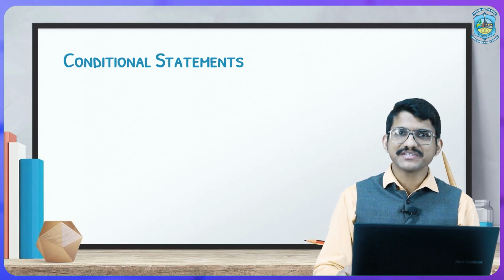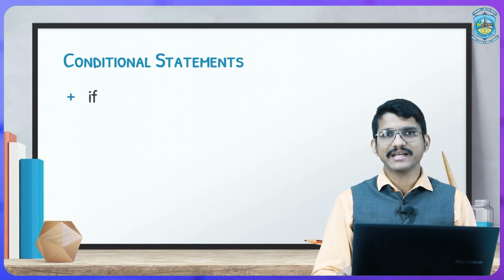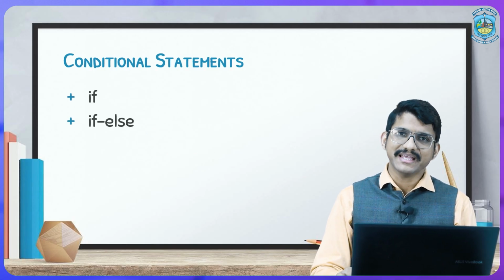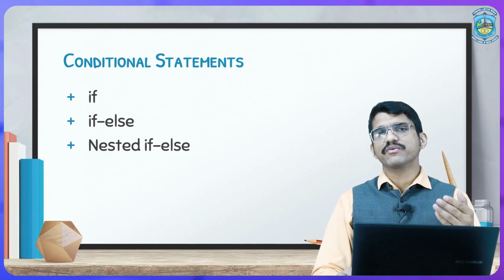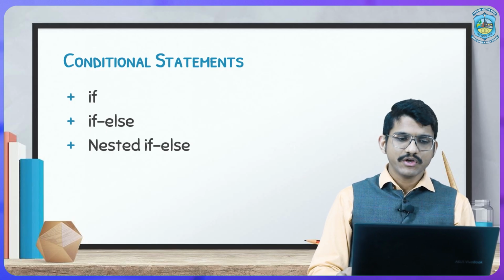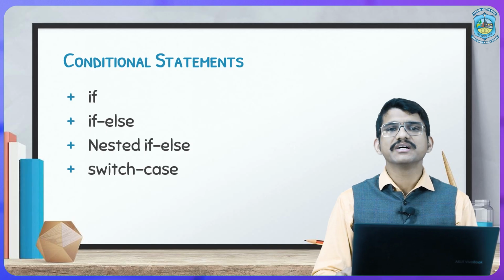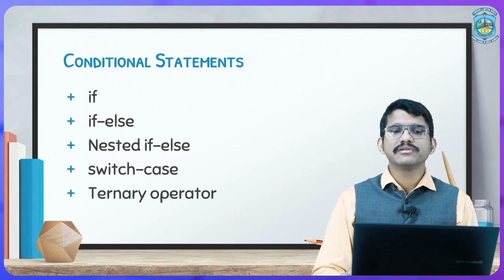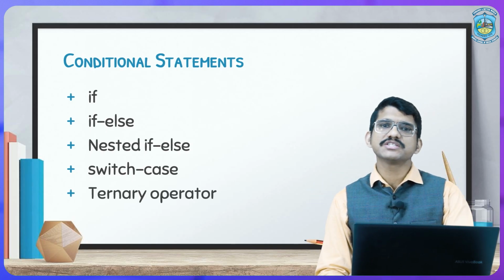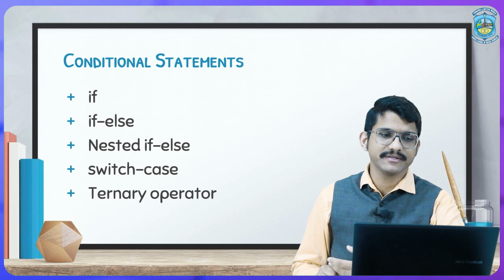So we have the if statement, we have the if else statement, we have the nested if else. Nested means one if inside the other. Then we also have the switch case statements, and we also have ternary operators. So these are all the conditional statements, statements which are based on certain condition.